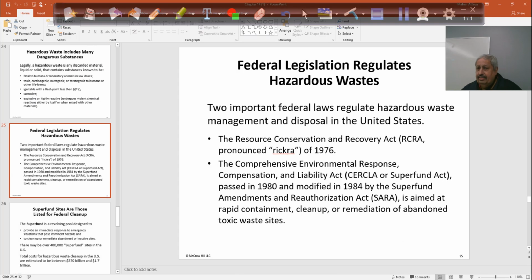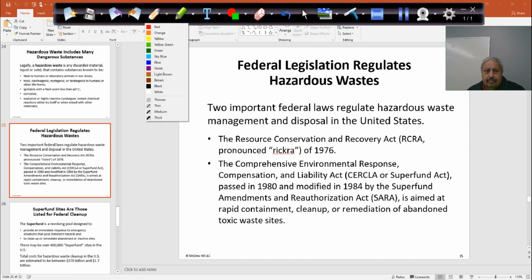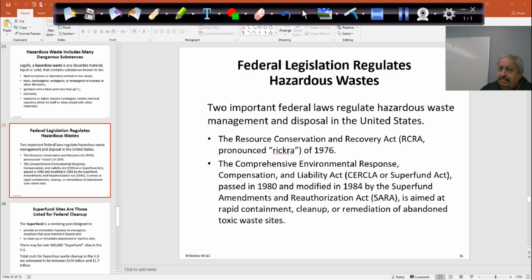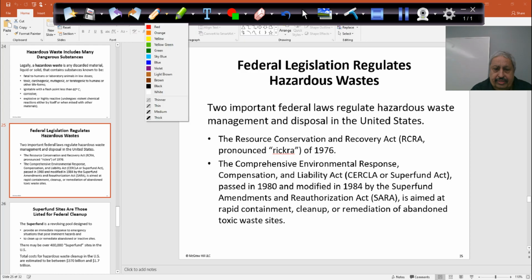Federal legislation regulates hazardous waste. Two important federal laws regulate the managing of this hazardous waste.